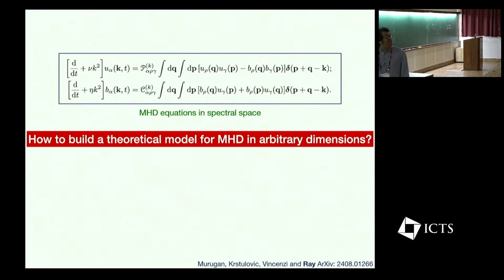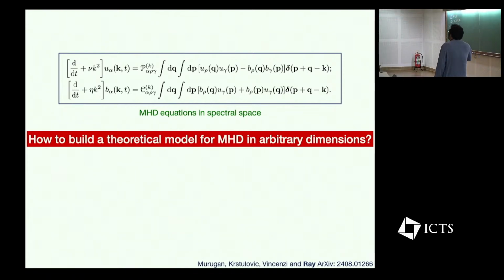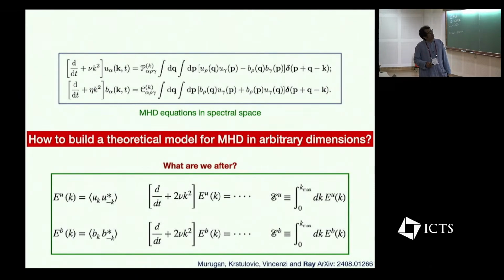It's a horrible mess of different projectors to satisfy incompressibility, etc. And what we are after, and this is really the point, even if we don't go through the derivation in any sense, is to start from here and come up with what these dots are all about. So we end up with an equation for the spectral energy, which will allow me to calculate the total energy, which will then allow me to study how that energy grows in time.